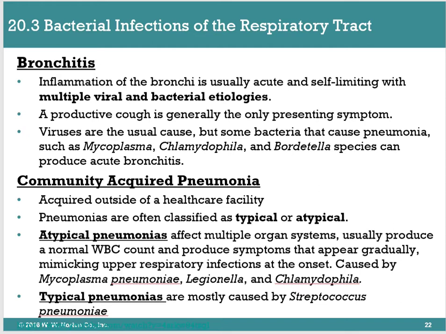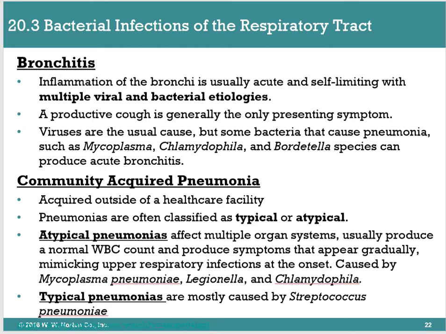Now, community acquired pneumonia, this is where it's acquired outside of a healthcare facility, meaning you got it just being out and about, not from a hospital. Pneumonias are often classified as typical or atypical. Atypical is where pneumonia will affect multiple organ systems.